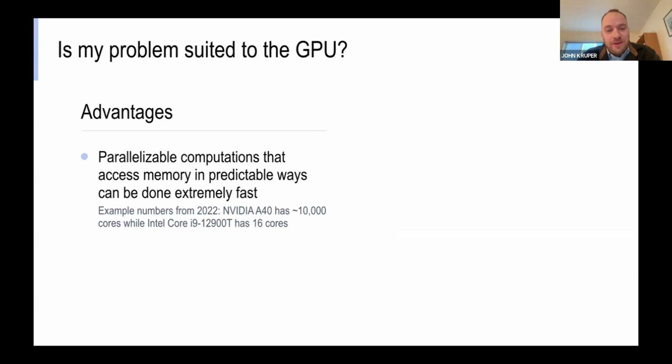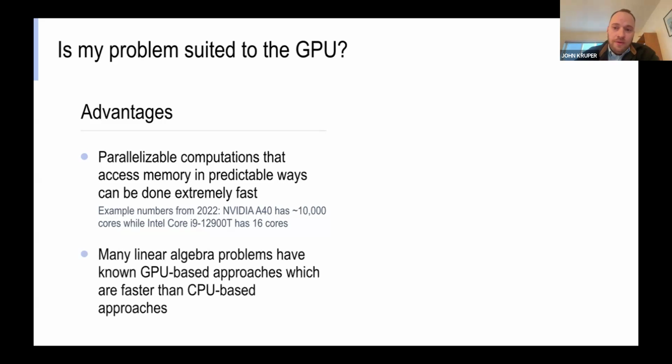The NVIDIA A40 has around 10,000 cores, where the Intel Core i9 has around 16 cores. So there are many orders of magnitude more workers on the NVIDIA A40, so you can do many more things in parallel on GPUs. And many known linear algebra problems have known GPU-based approaches, which are faster than CPU-based approaches.